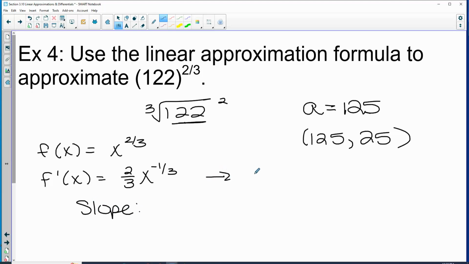You can realize this is like saying 2 over 3 times the cube root of x, if that makes it easier to plug in a number. So if I put in 125, the cube root of 125 is 5, so we get 2 over 15 for our slope.